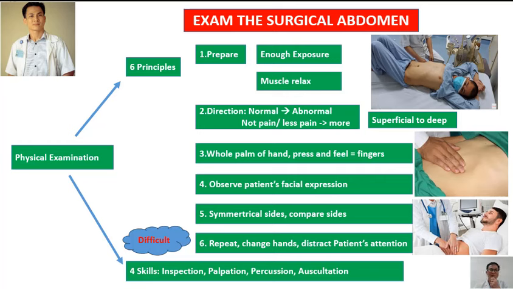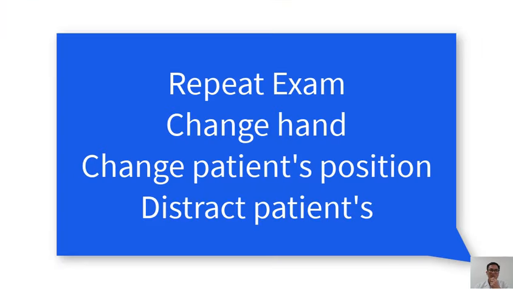The last principle is to repeat, change hands, and distract the patient's attention. In case the examination is challenging or difficult, repeat the examination, change the patient's position, switch your hands, or distract the patient.